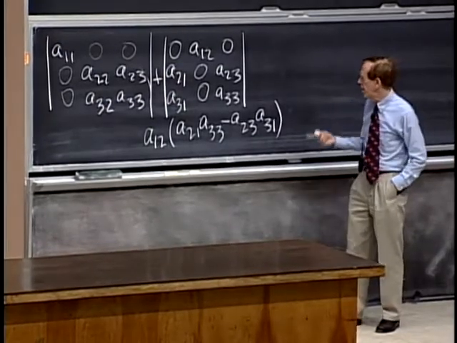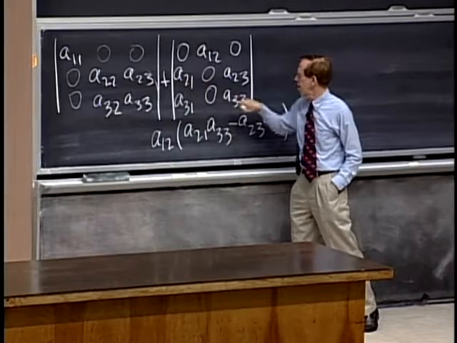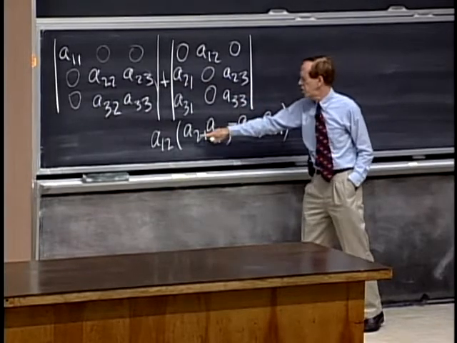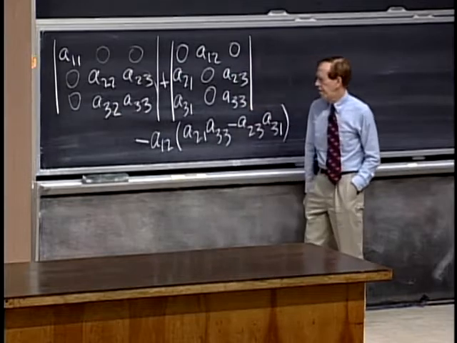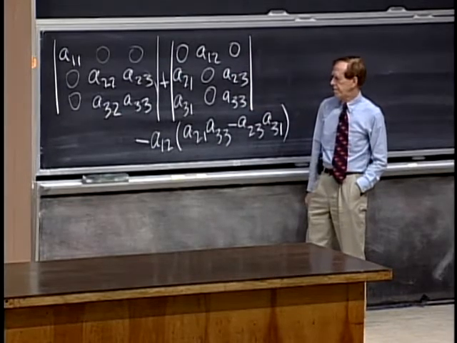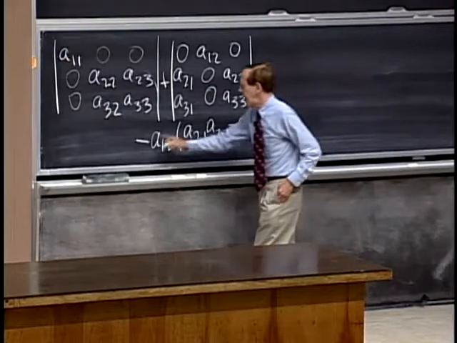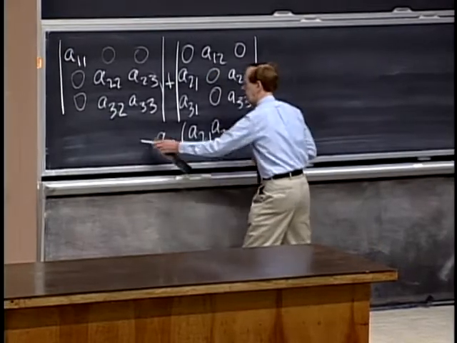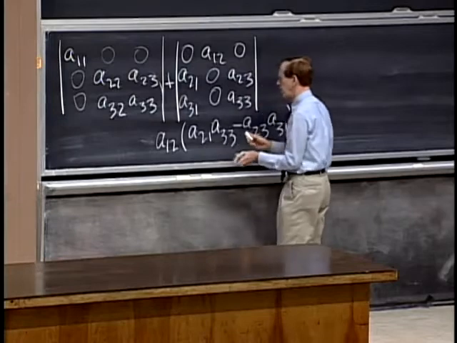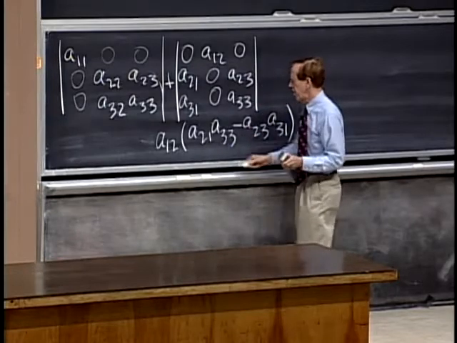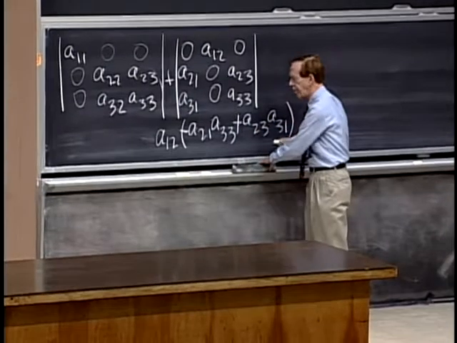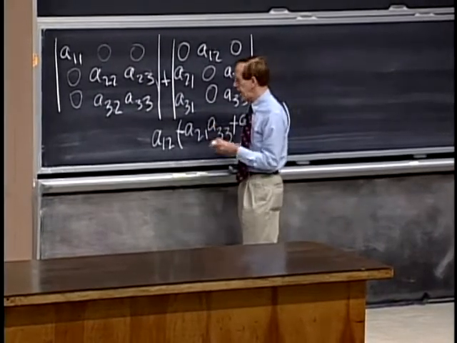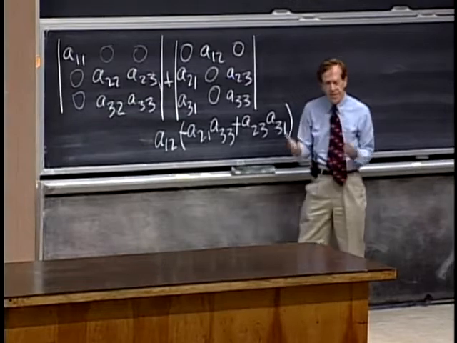I can follow one of these. If I do that times that times that, that was one that's showing up here, but it should have been a minus. So I'm going to build that minus sign into the cofactor. So I put that minus sign in here, because the cofactor is going to be strictly the thing that multiplies the factor.